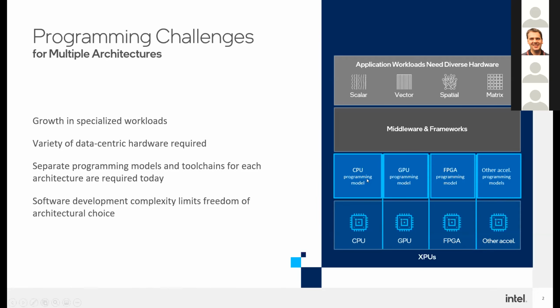All of these have in common that they have their own programming model, which requires that people who want to switch from architecture to architecture not only learn about the new hardware, they also have to learn about new development environments. And that is a costly, time-consuming solution, adding a lot of complexity to software development.